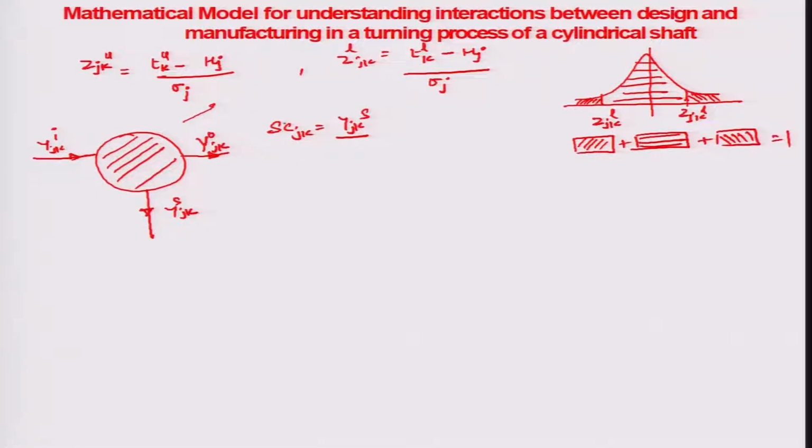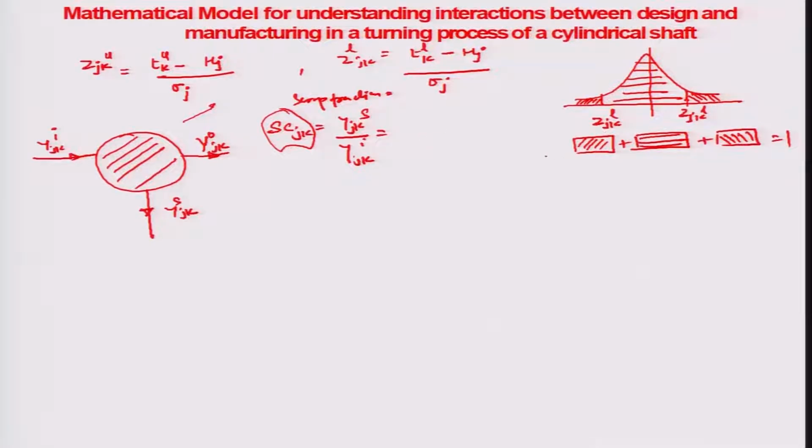Obviously, this scrap fraction SC_jk can then be a ratio between the input and the scrap, that is y_s_jk by y_i_jk. And this was represented through what are the process rejects.